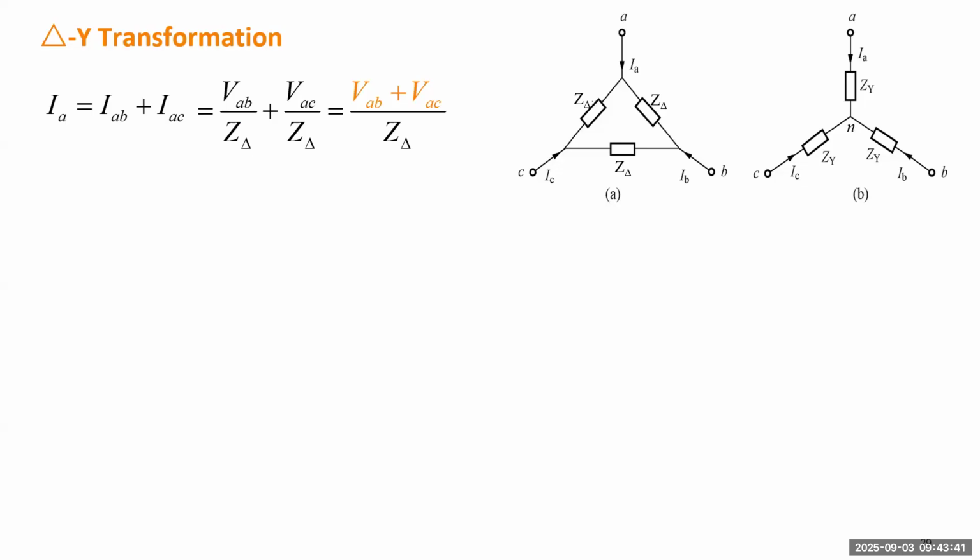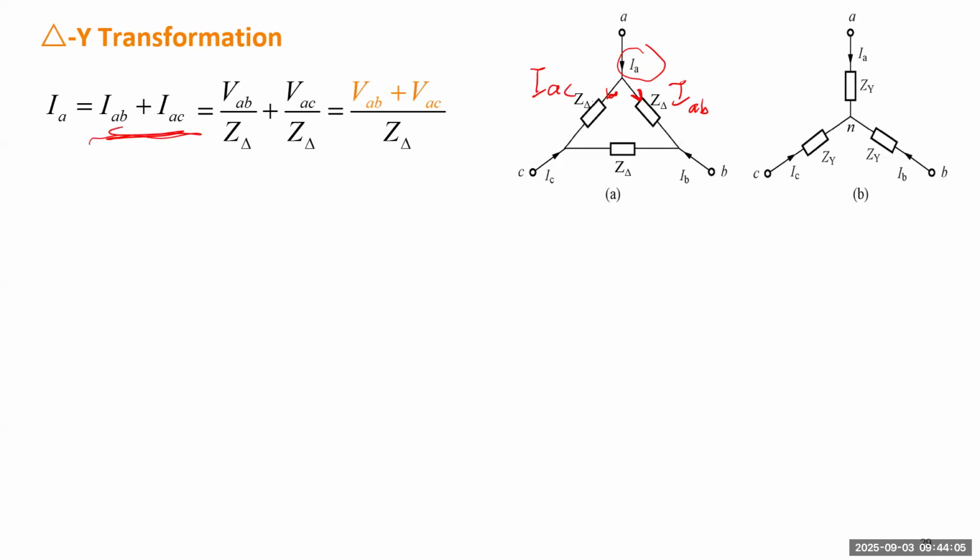So for the first load, IA, from the previous slides, we know that IA will be IAB plus IAC, based on Kirchhoff's law. IA will be equal to the current from A to C plus the current from A to B. So here's IAB, here's IAC.